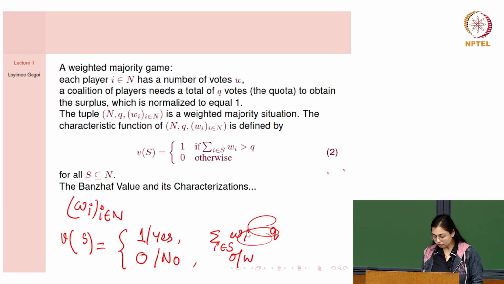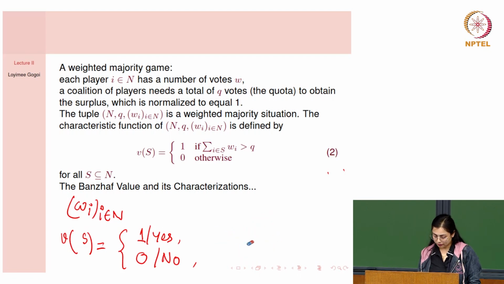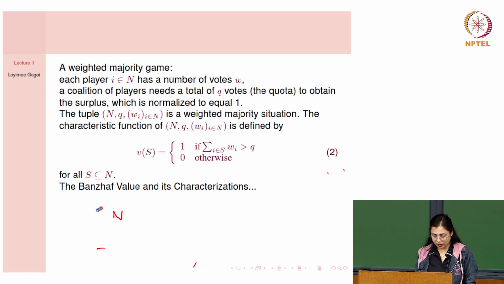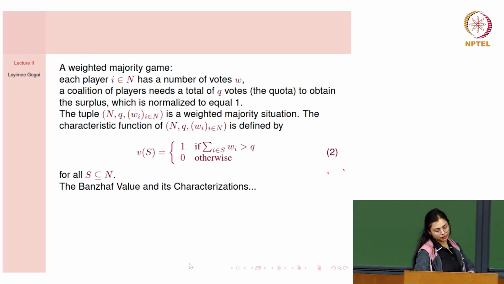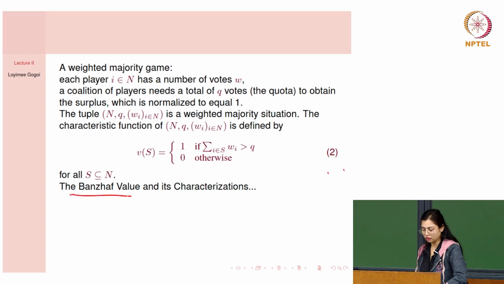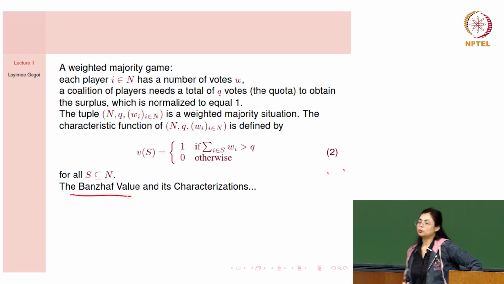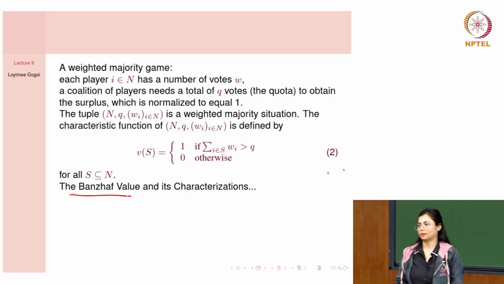Okay. So then the safety value we can define for this kind of scenario, and also there is another game value, called Banzhaf value, that is introduced particularly for this kind of scenario.